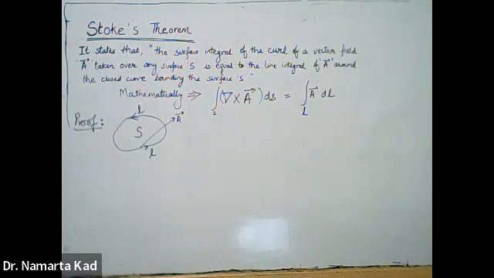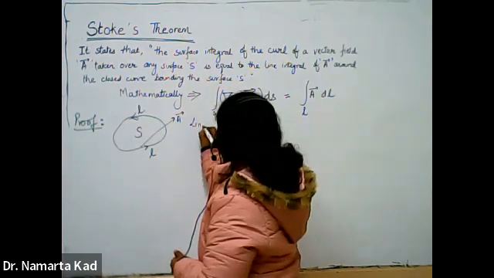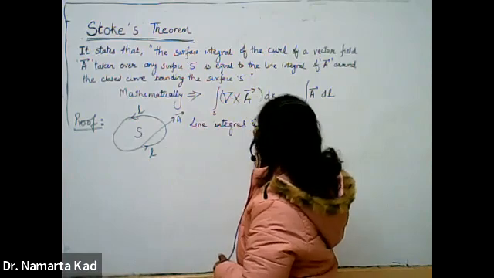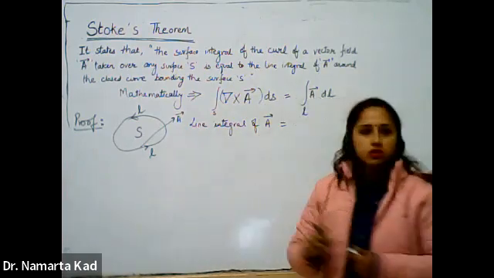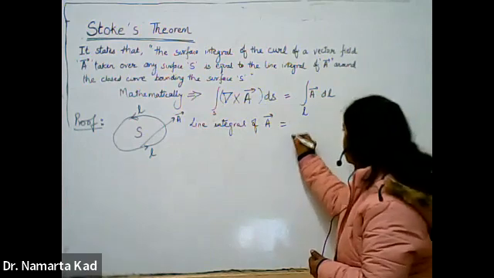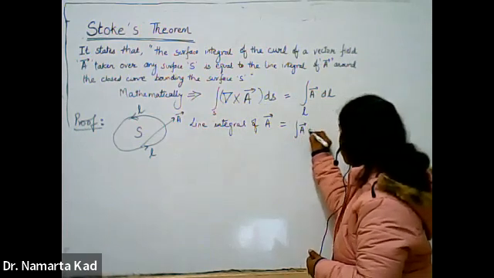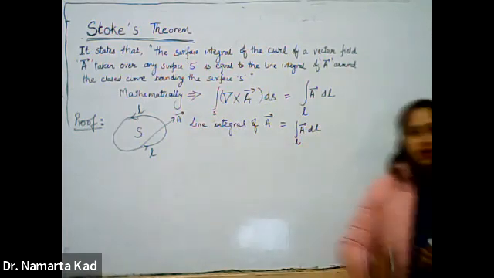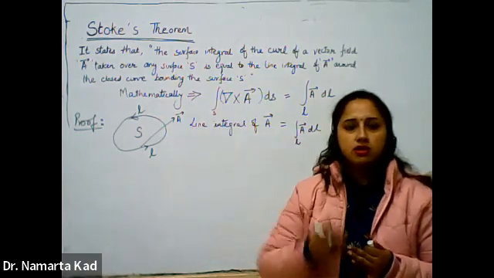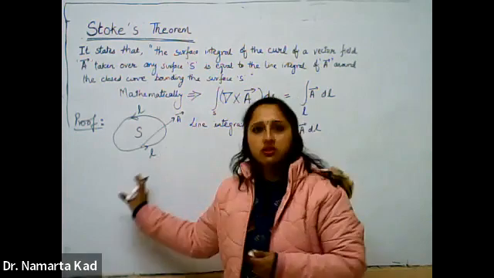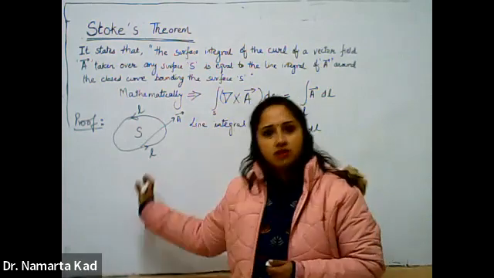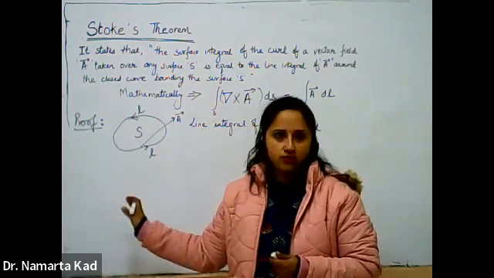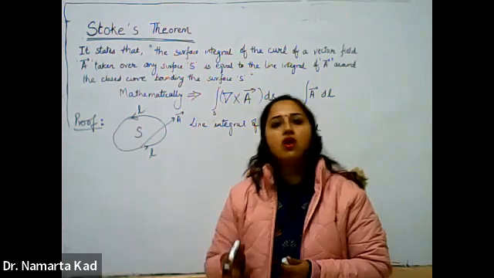Therefore, in the first step, the line integral of A vector is simply written as the integral of A dot dl over L. We have to proceed in this proof in the same steps: firstly there is the single surface, then in the next step we divide this surface into two parts, then in further steps we divide it into n number of parts, in the same way as we did in the Gauss divergence theorem.